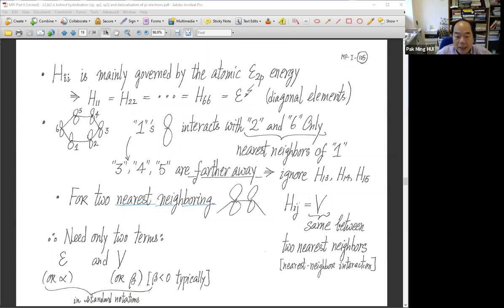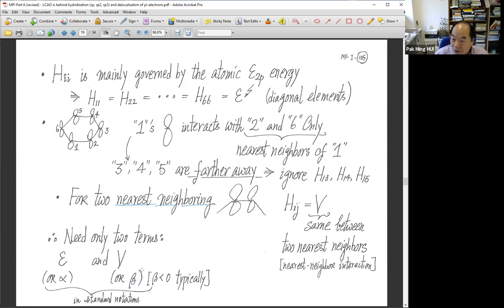All right, okay. So now life becomes very simple. I use epsilon for the on-site diagonal 1,1, 2,2, 3,3 elements. And then I use V, just one symbol, for the nearest neighbor Hij. If you look at other books, usually the physical chemists will use alpha for this and beta for V, all right?